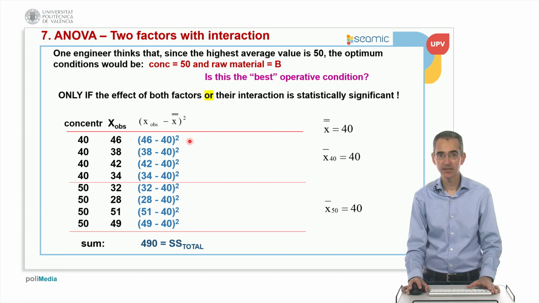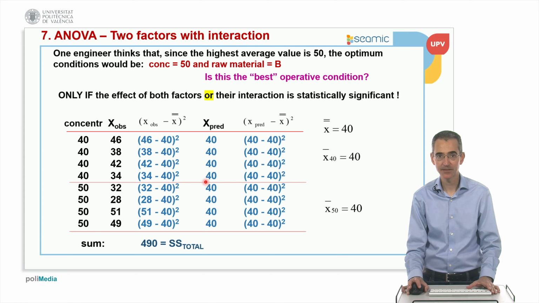Then the average is the best prediction, and in this case we are obtaining exactly the same prediction. Well, actually this is a theoretical example because this never happens in practice. But anyway, in that case we take the predicted value minus the grand mean, squared, we sum, and we get 0. So the sum of squares for concentration would be 0.